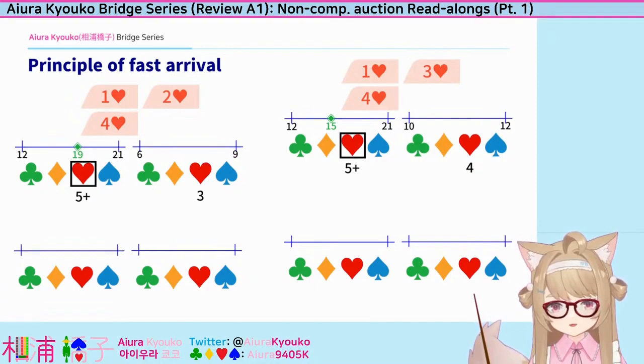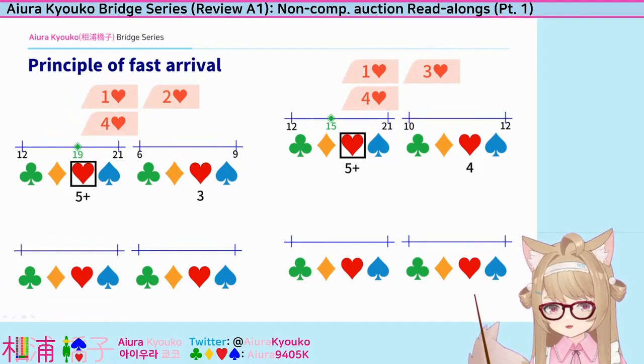If he is in maximum range, he would try bidding slam by control bidding. But you get the point.